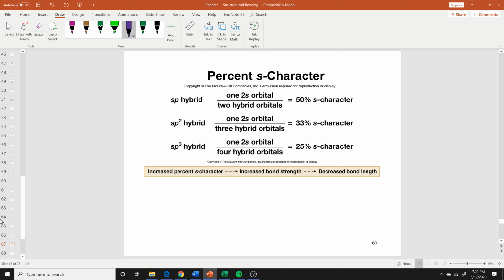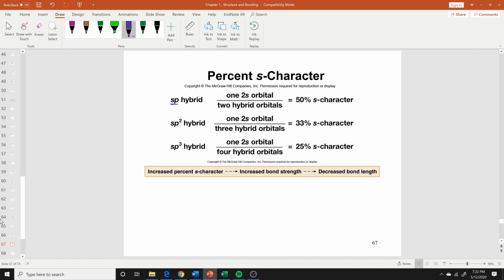The idea here is why the sp bonds, they are the strongest. The reason why, because the sp bonds, their electrons are closer to the nucleus. How did I know that they are closer to the nucleus? Because in their orbitals, 50% of the electrons are in the s, 50% of the electrons are in the p.